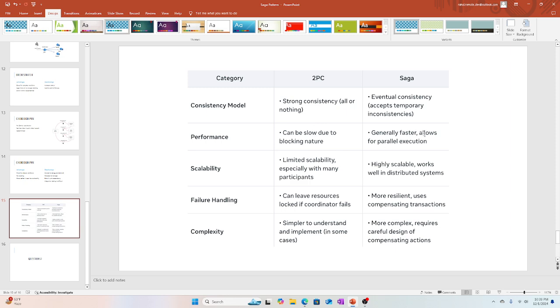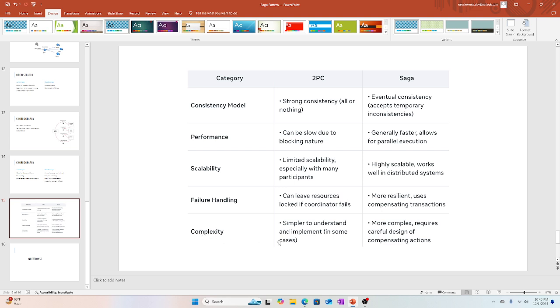And Saga is a little bit faster, as parallel execution is possible. On scalability, 2PC has limited scalability, as locks are the main priority there, and Saga can be highly scalable, because if there is no locking system, all services work. And for failure handling, in Saga we can handle failures by using other frameworks like circuit breaker and other things. So this can happen.